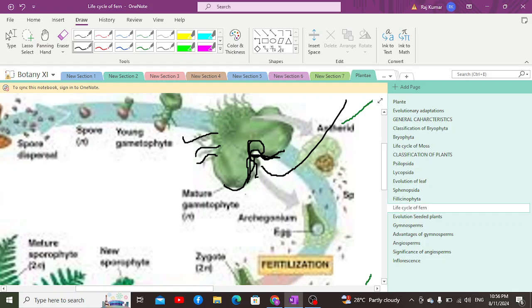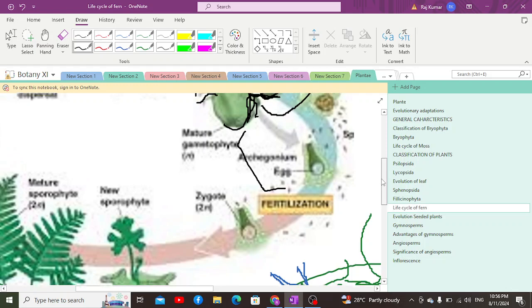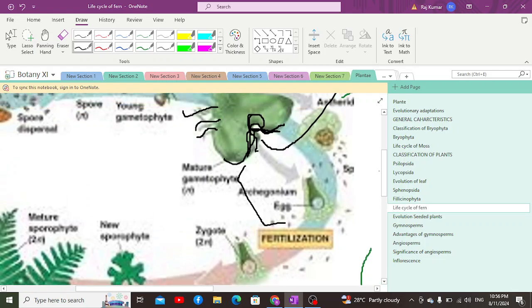When the antheridia release the antherozoids or spermatozoids, these are released from the posterior side and travel towards the anterior end, where the notch is present, towards the archegonia.